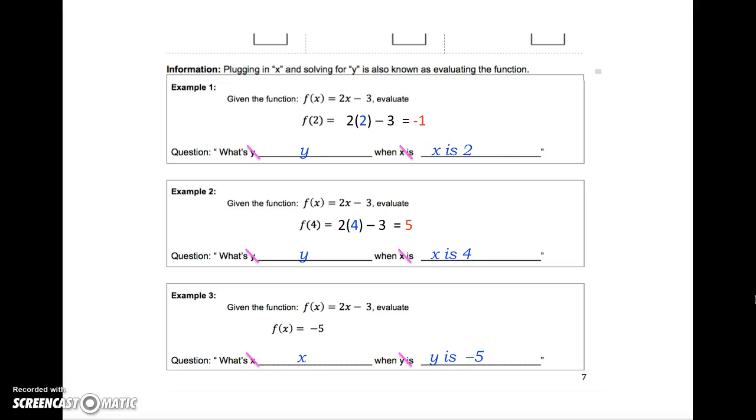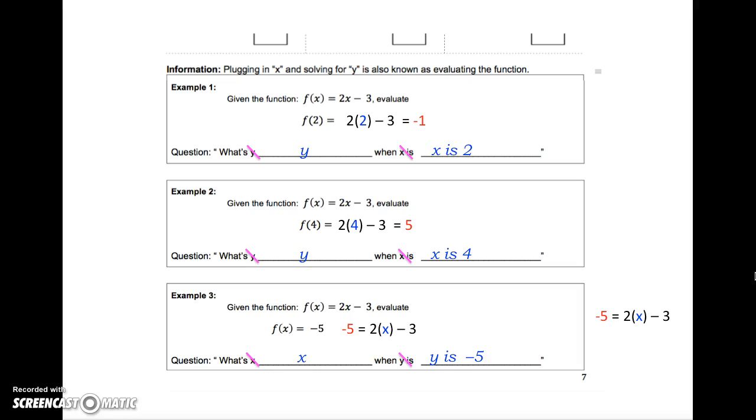So just like in example 1 and 2, we have to do some sort of substitution. Since we know our value of y, we're going to substitute the y with -5. So I go ahead and do that. And then all I need to do is solve for x. So I'm going to do that over on the side here, my scratch work.